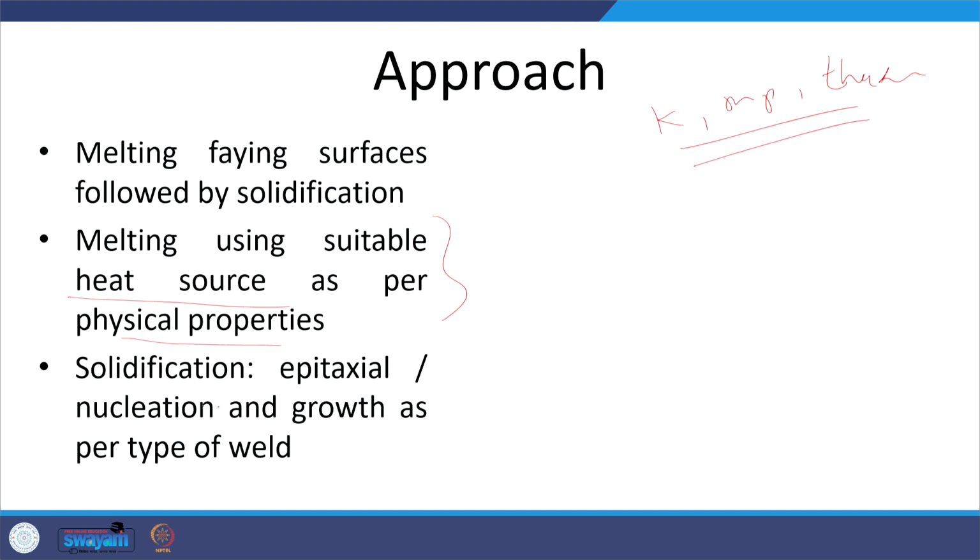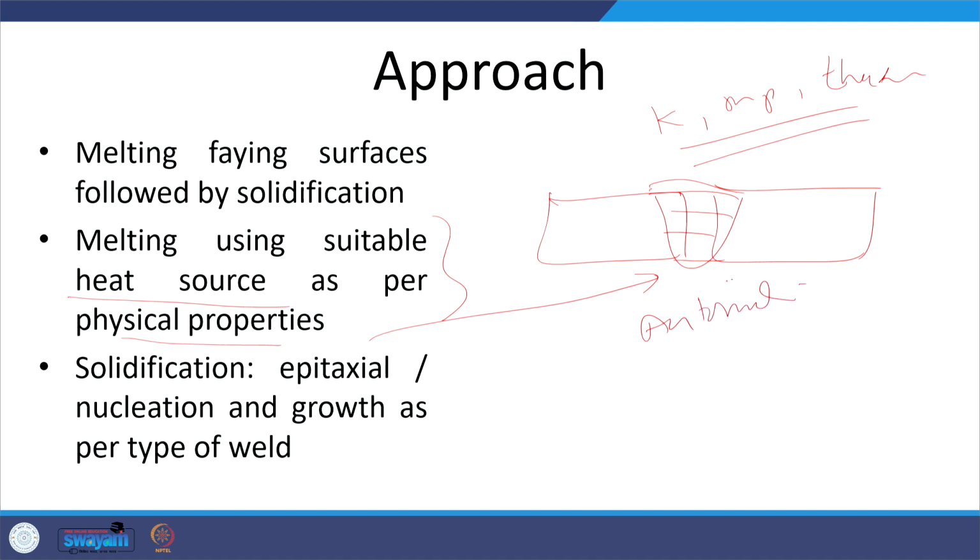Okay. So, the other one is the parent metals which have been melted. Now, after the melting they will be solidifying. This solidification can take place through epitaxial growth when either autogenous welding is done, meaning just the melting of the faying surface is performed and no separate filler metal is added, or we are using a filler metal exactly the same as the parent metal.